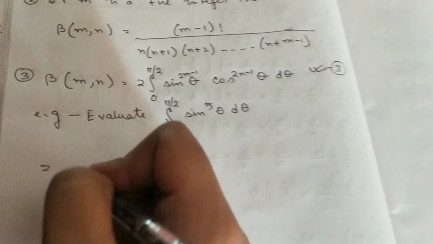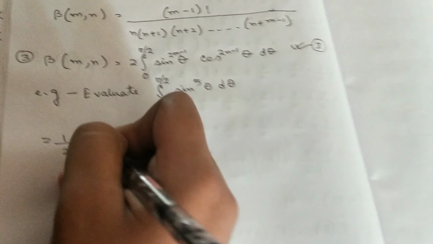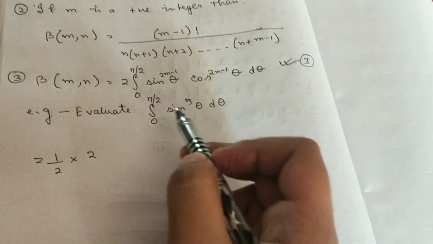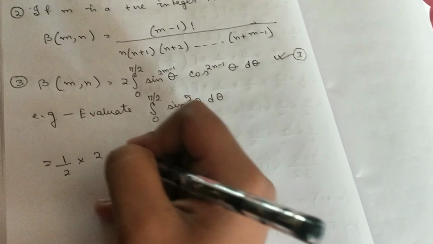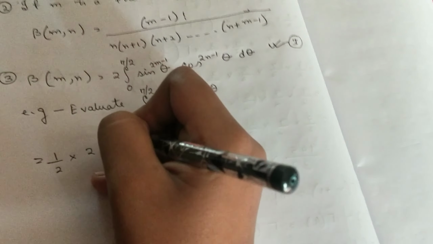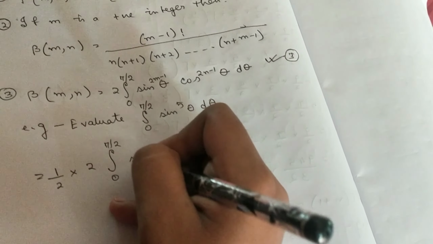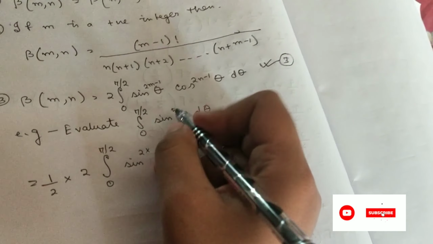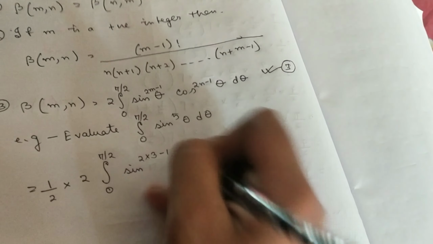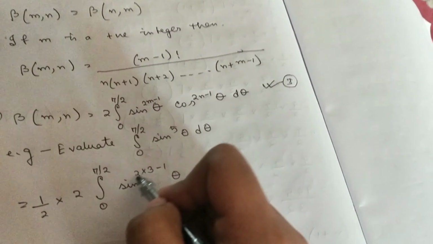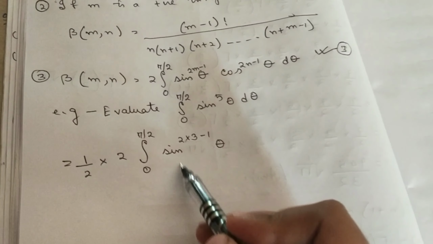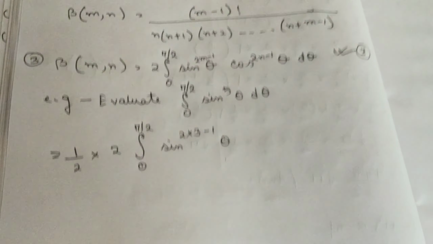Okay, we have to make this into the formula form, so half into 2 integration 0 to pi by 2. Sine we can write 5 as 2 into 3 minus 1 theta, right? 2 into 3 is 6, 6 minus 1 is 5.